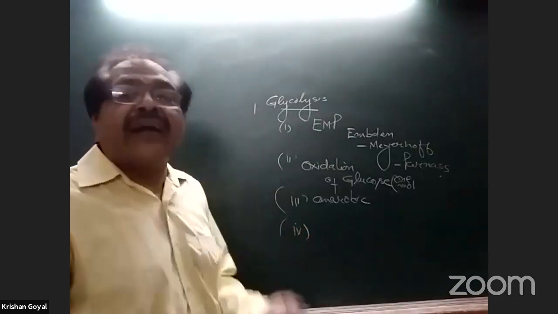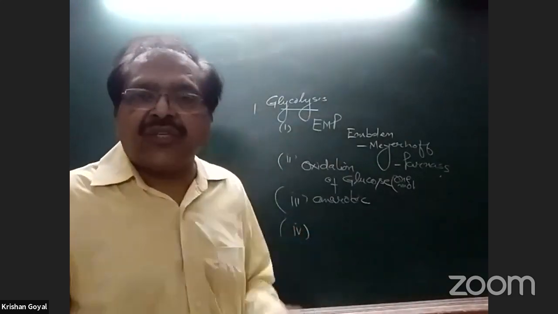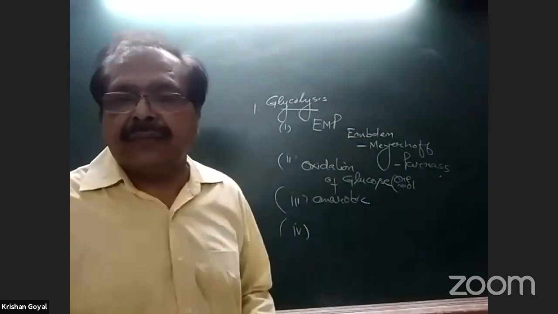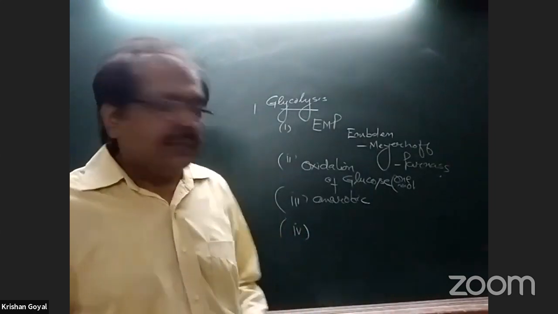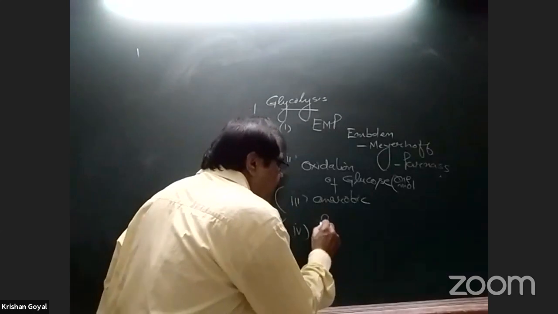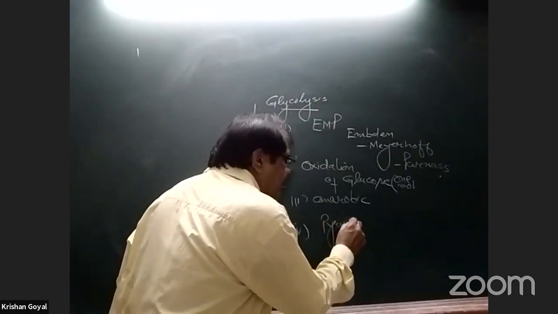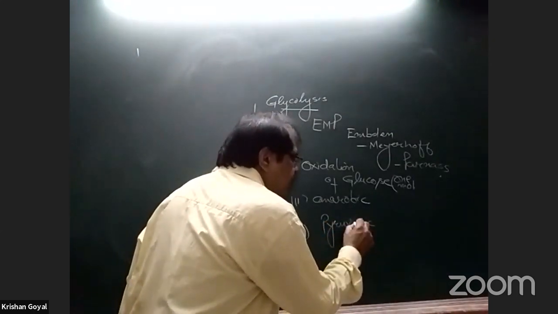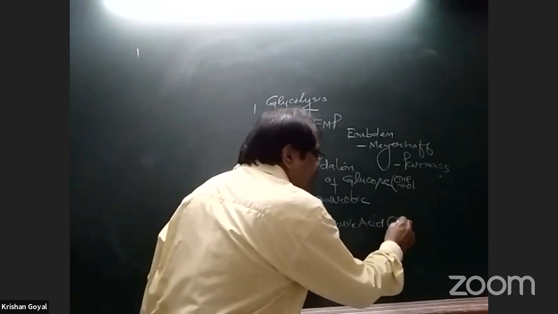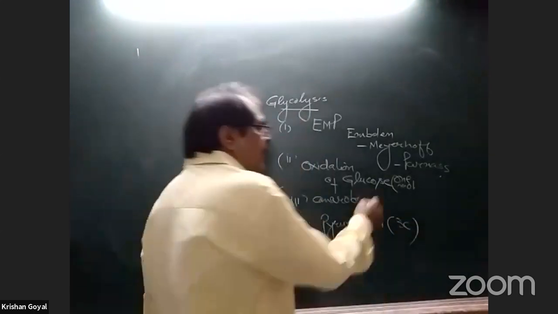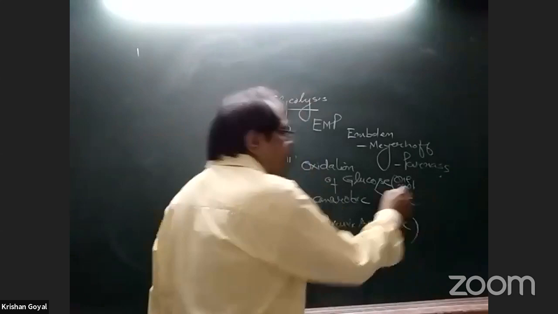Next, fourth. Oxidation of glucose will lead to the formation of pyruvic acid, which is a 3-carbon compound, and glucose is a 6-carbon compound.